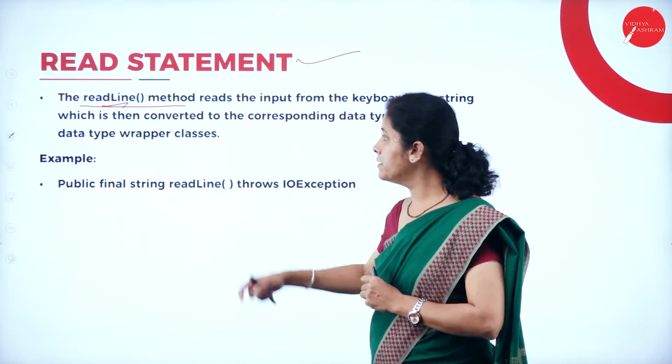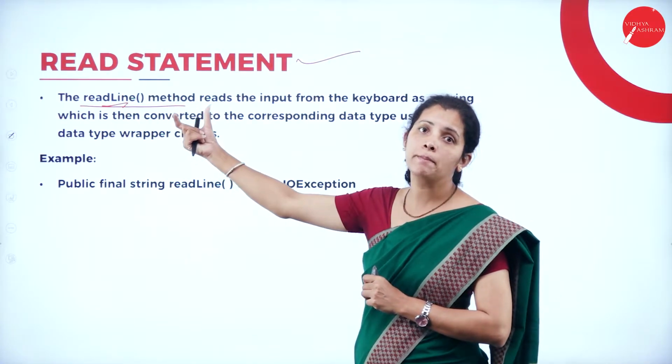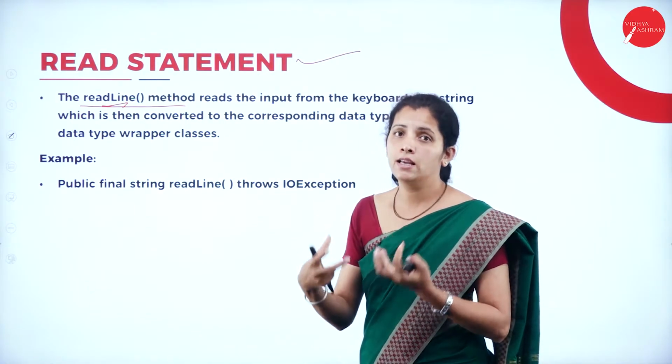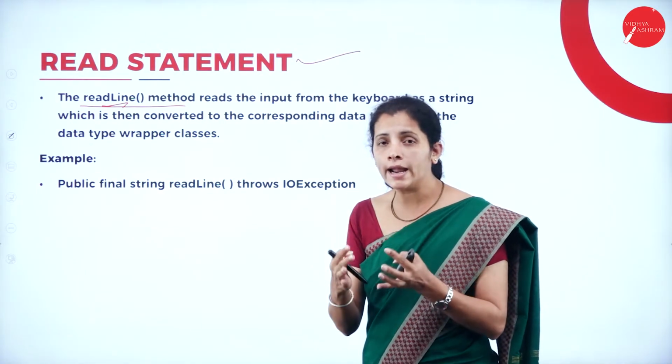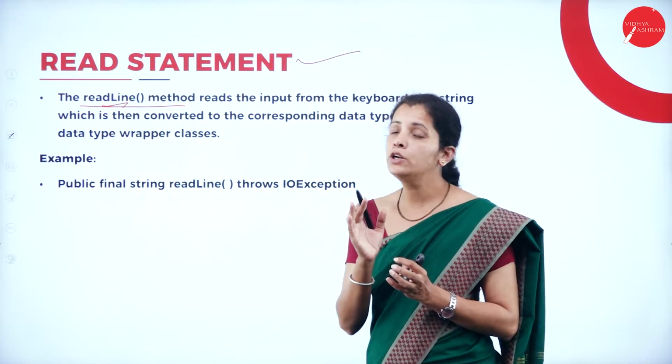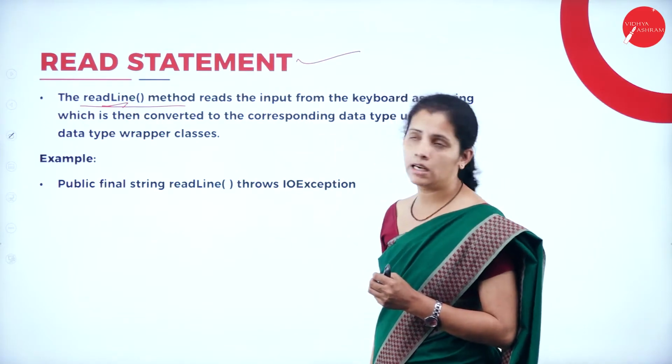For example, if I use the readLine method in my program, it's going to read the input, and whatever input is read is in the form of a string. Now I want to convert that into a particular data type.